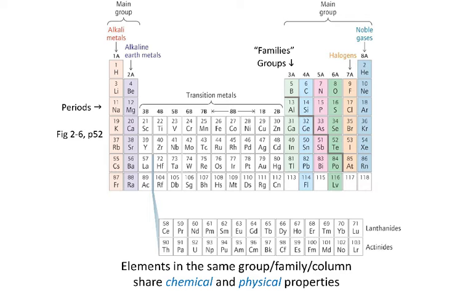Because the table is structured and organized the way it is, it actually reveals more information than simply a list, right? So we're going to learn how to make some sense of how to read the table, why things are the way they are, and what it allows us to know about an element based on where it is.